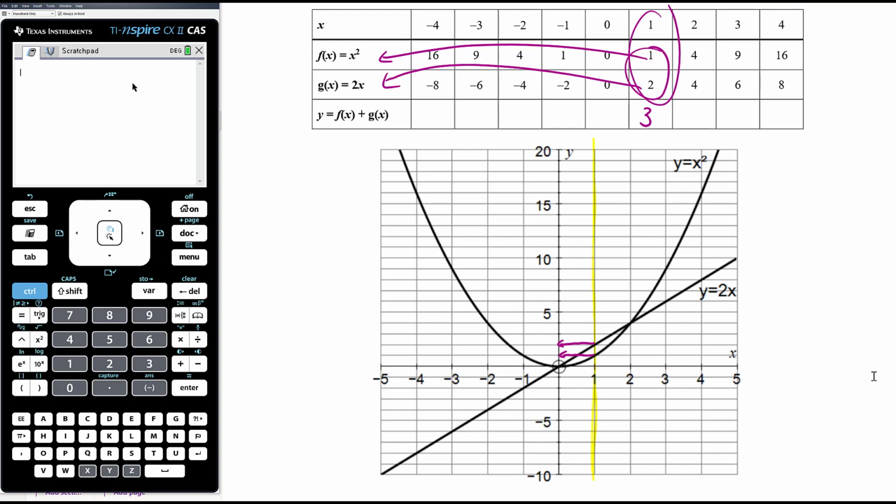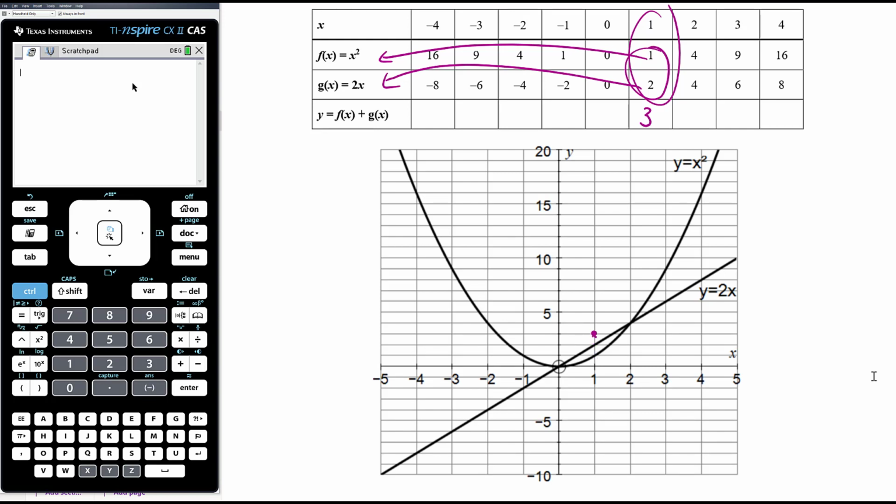So when we add together 1 and 2, we're going to get 3. The sum is going to go through the point (1, 3). Okay. You essentially are adding that y value to that y value to get that y value. Sometimes I like to think about it as taking that y value and adding it on to the other graph, okay, to work out where we go, because it's not always going to be as perfectly precise numbers.